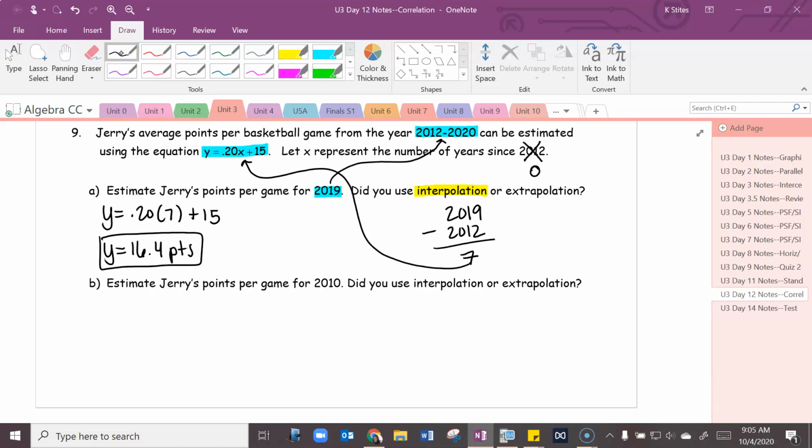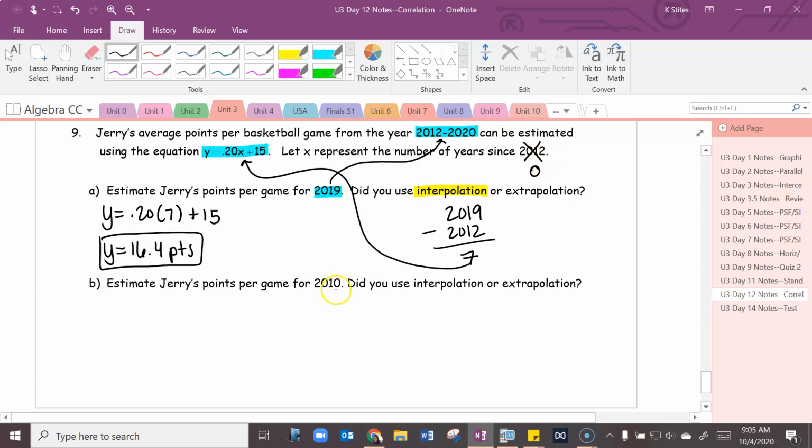All right, and now we're going to do 2010. Estimate Jerry's points per game for 2010. Did you use interpolation or extrapolation? This one is a little tricky actually, because 2010 is before 2012. You can't put 2, because if you put 2, that means 2 years from 2012 would be 2014.